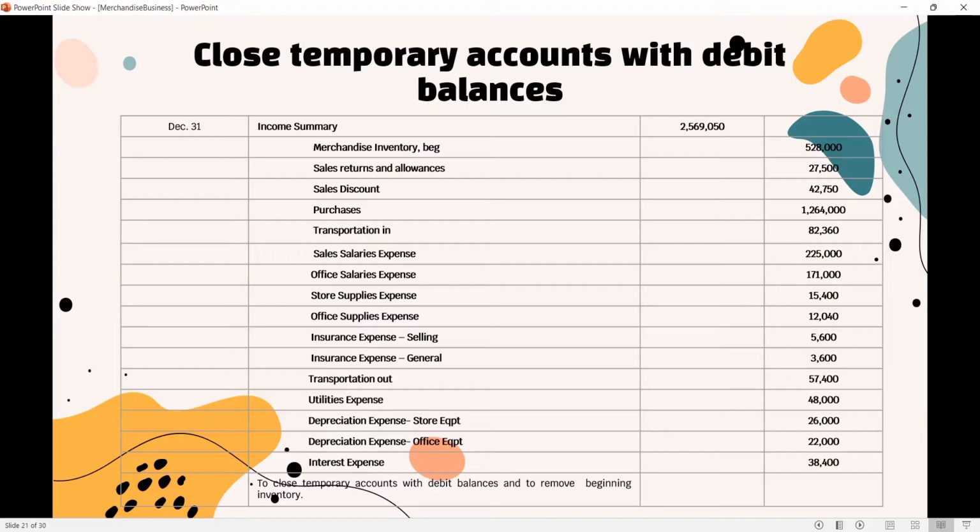Credit transportation out na 57,400. Utilities expense na 48,000. Depreciation expense store equipment 26,000. Credit depreciation expense office equipment 22,000. And credit interest expense na 38,400.